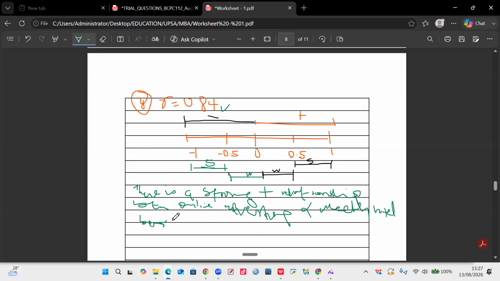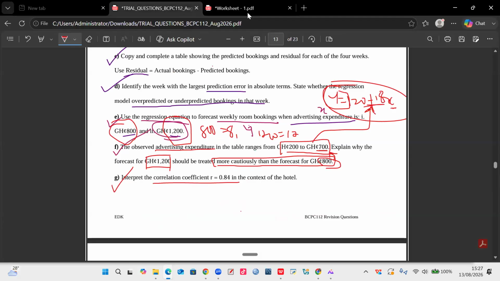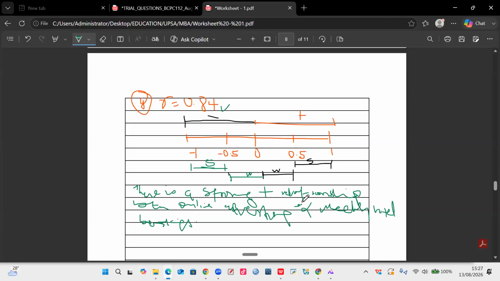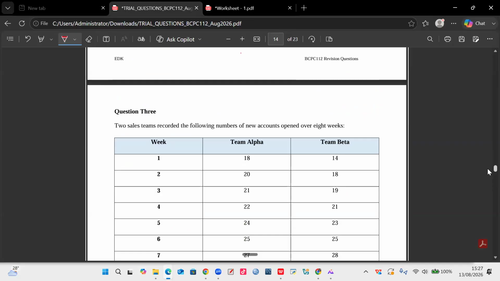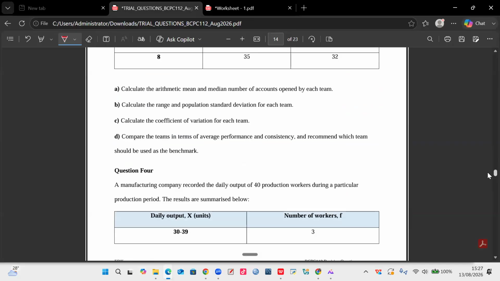So there's a strong positive relationship or correlation between online advertising expenditure, X, and weekly hotel bookings. That's all. Okay. So we have done this on the type of regression. But let me see if there's another type of regression here.